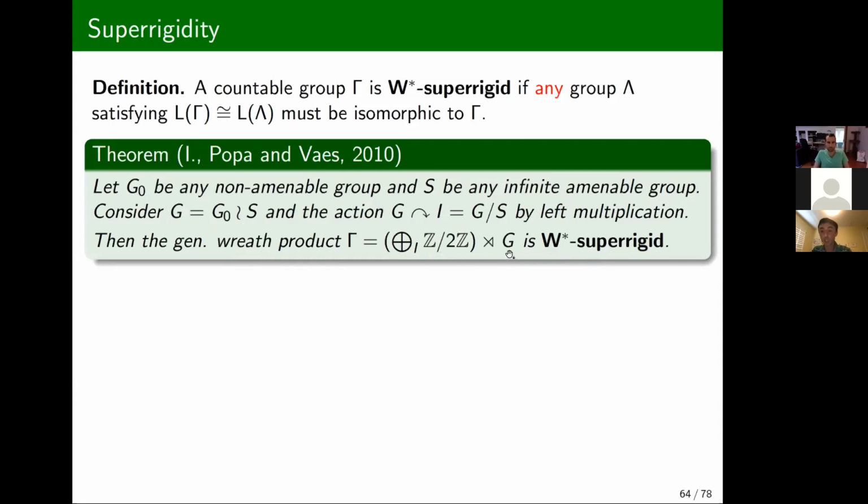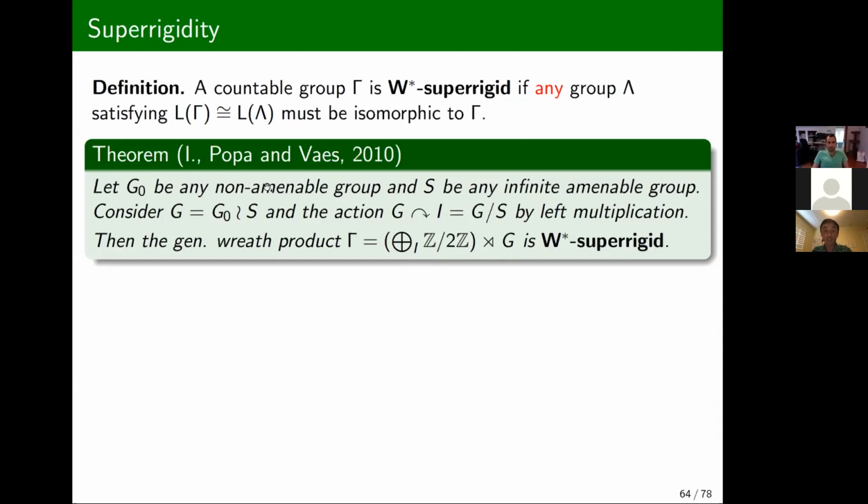So you have a group G acting on the direct sum of Z mod 2Z's indexed over an infinite set I, on which G acts. So this is how you build the general wreath product group. And so I have to tell you what G and I are.